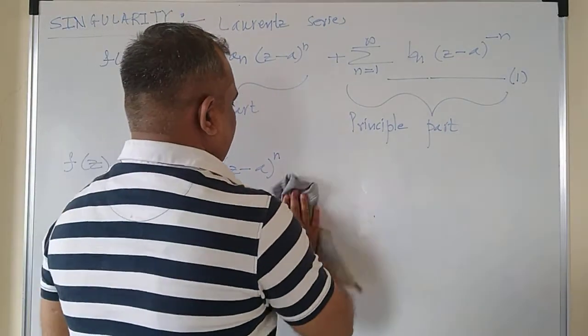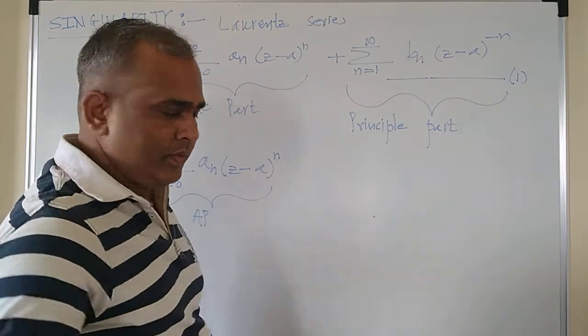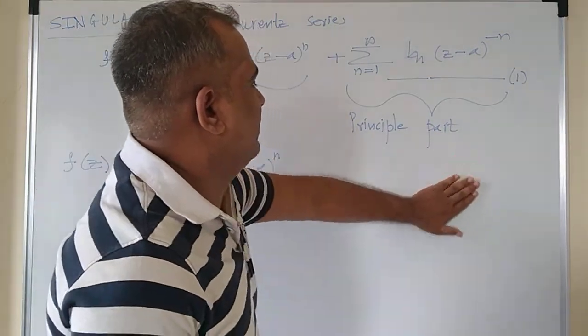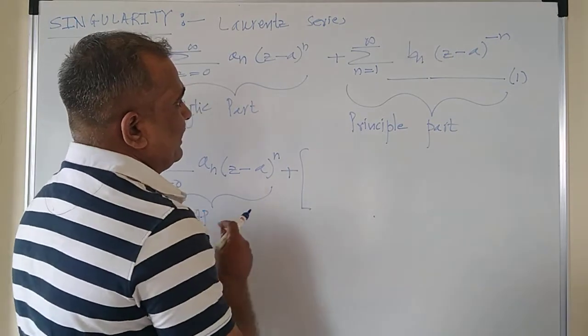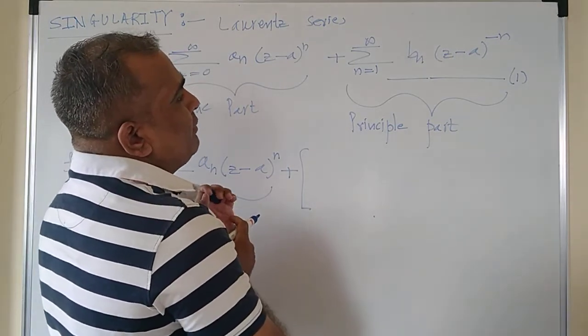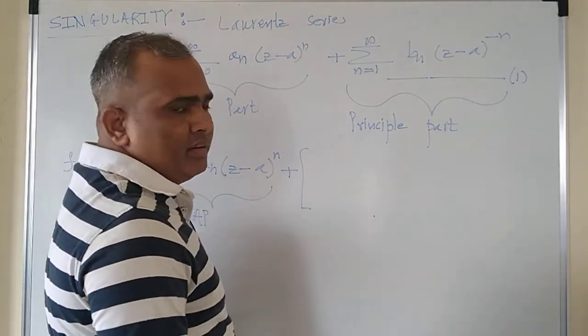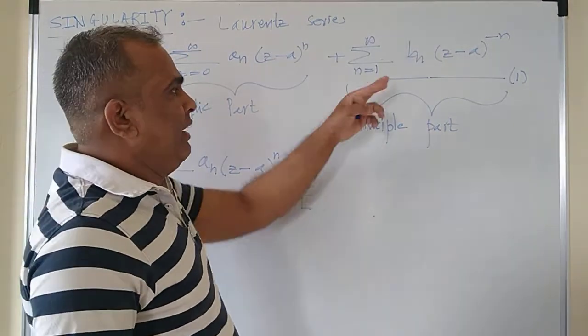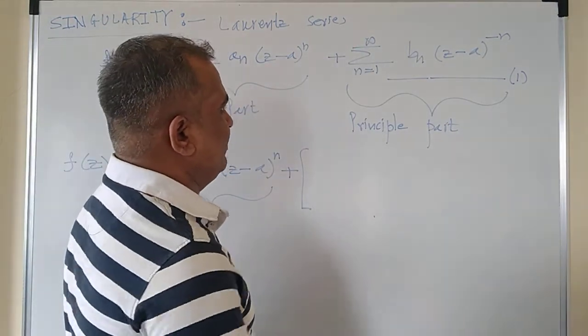Let me rewrite this second term again, plus into bracket. Now let me use the values of n equals 1 to 3. That value varies from 1 to infinity, but let us write only the first 3-4 terms.